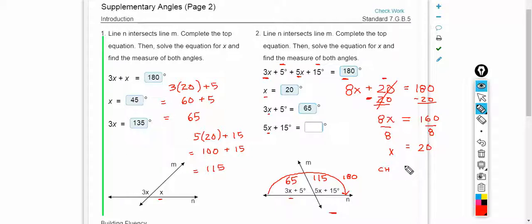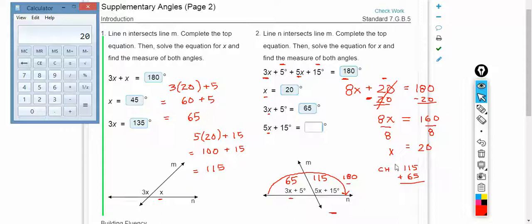Okay, so then we check it and we add 115 plus 65, and that should bring us back to 180. Okay. Clear out. 115 plus 65 equals 180.